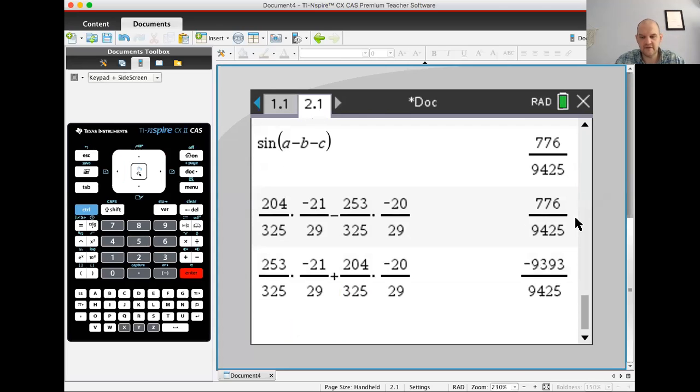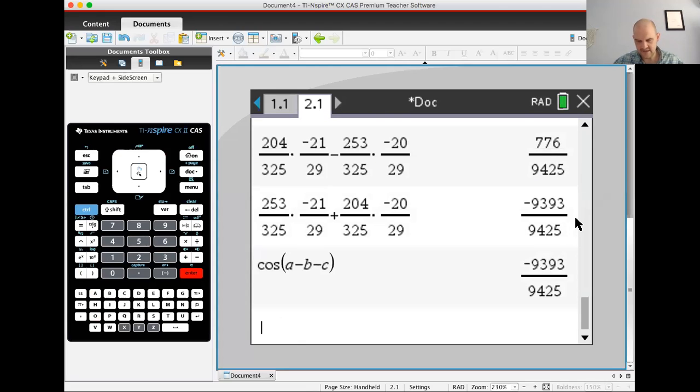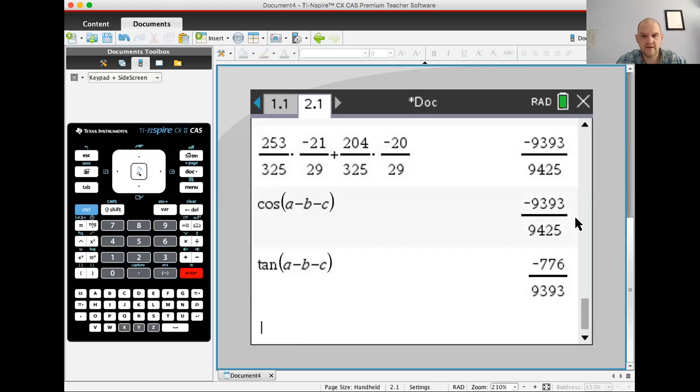Ugh. Okay, is that the cosine of a minus b minus c? It is. All right, so negative 9393 over 9425. And then the tangent is definitely going to be negative 776 over 9393. Let's just check that. Yep.